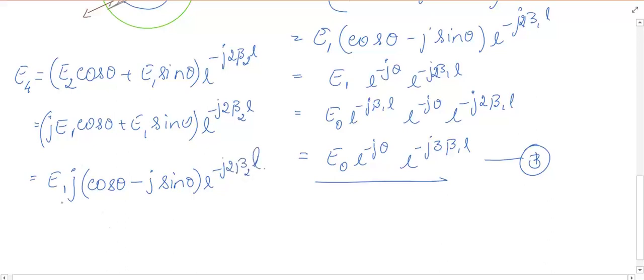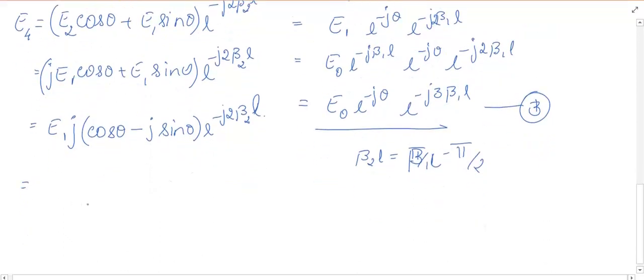Now for further simplification, as I told previously, you have to simplify this, then beta 2L should be replaced by beta 1L minus pi by 2. That substitution you have to do, because we want our final expression to be in terms of beta 1L, right?